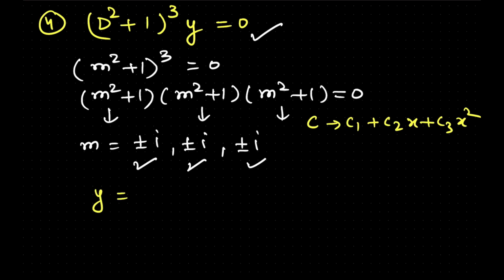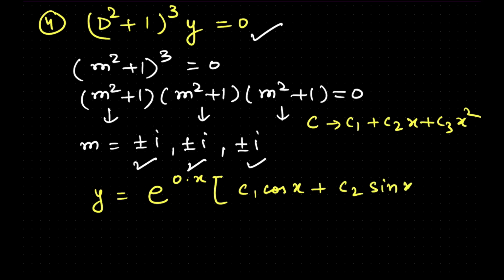So y is equal to, we write e to the power of alpha x, but alpha is 0 because you can see the real part is 0. So 0 into x, then c1 cos of beta x, so beta is 1, so it will become cos x, plus c2 sine of beta x, again beta is 1, so sin x.